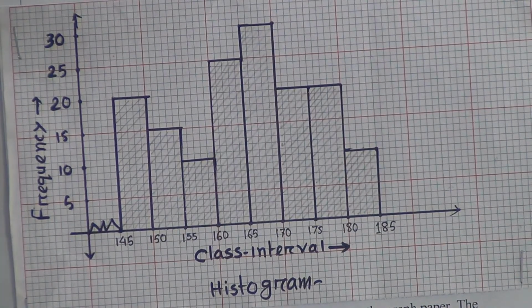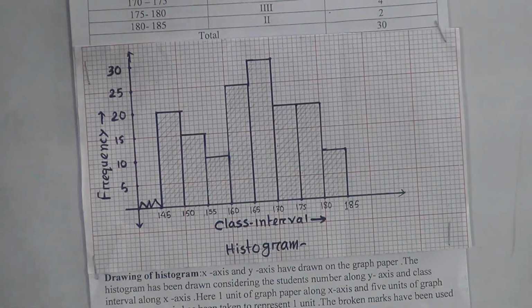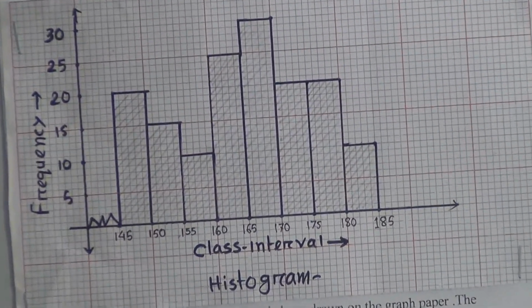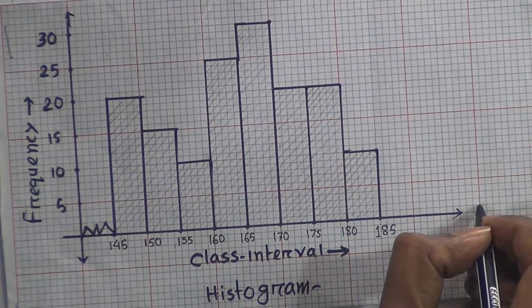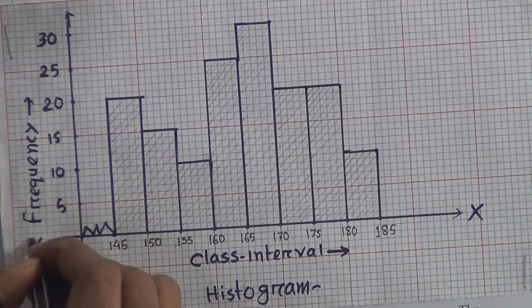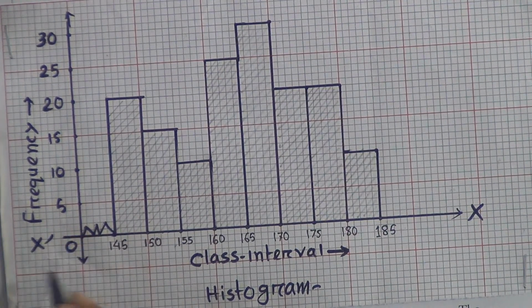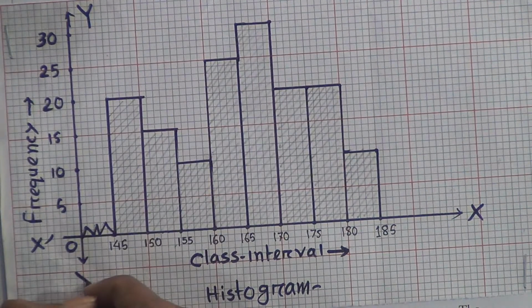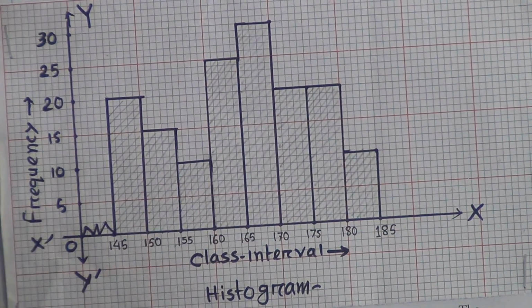Dear student, look, place the class interval on which axis? X-axis. Look, this is called XO, X prime, and this is called YO, Y prime.